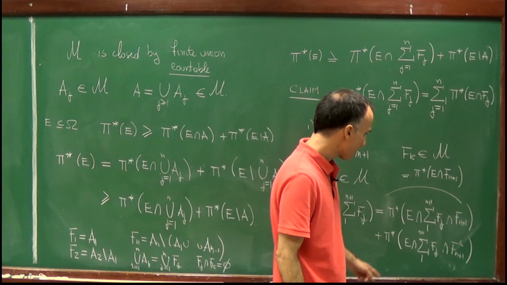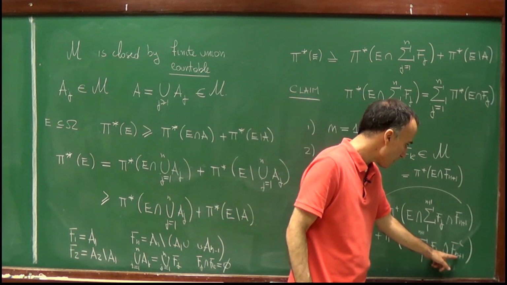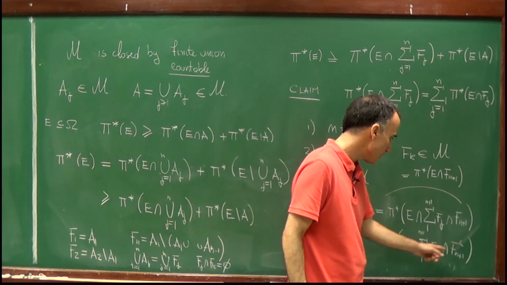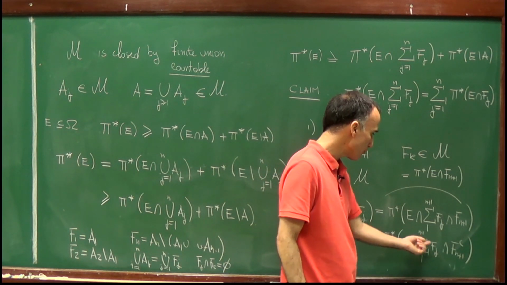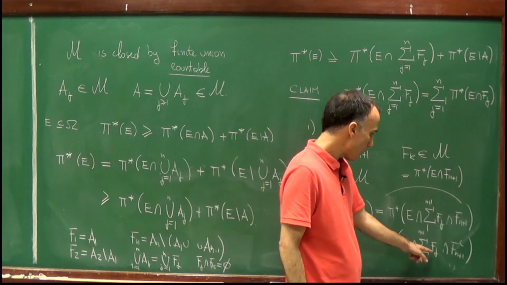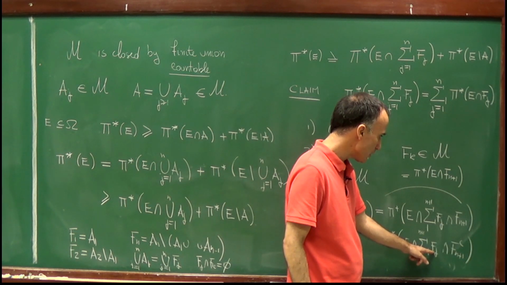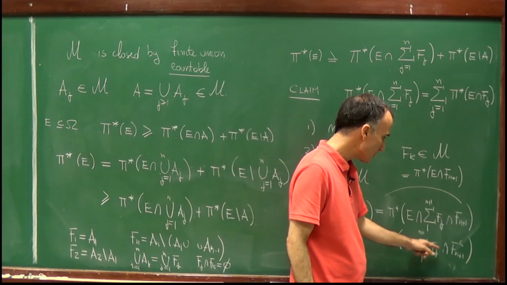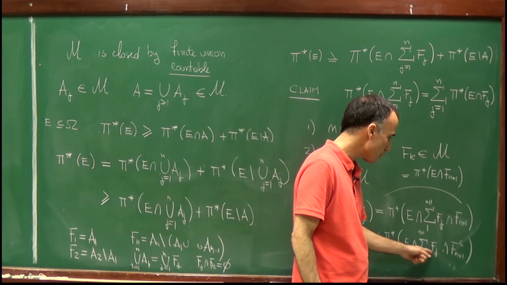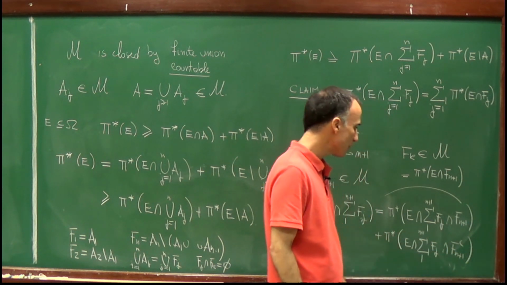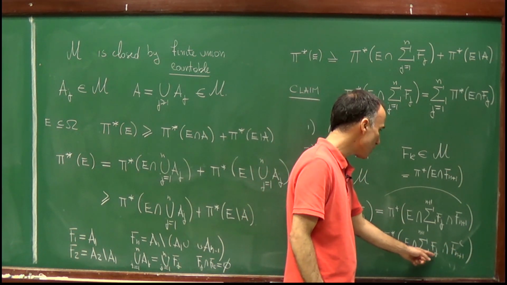On the other hand, if I take the intersection of Fn plus 1 complement with this sum, observe that since the intersection of Fj with Fn plus 1 is empty, this means that Fj is contained in the complement of Fn plus 1, which means that the intersection of Fj with the complement of Fn plus 1 is just Fj.